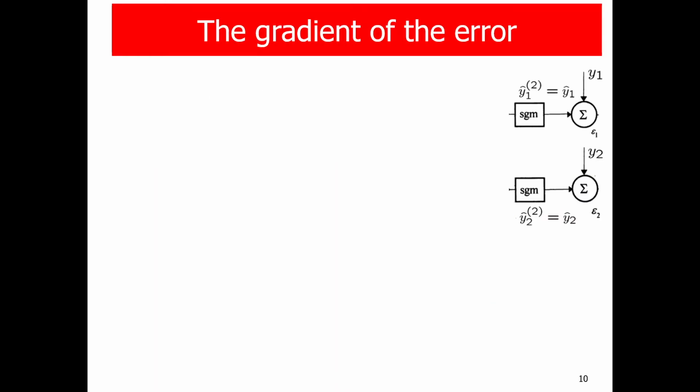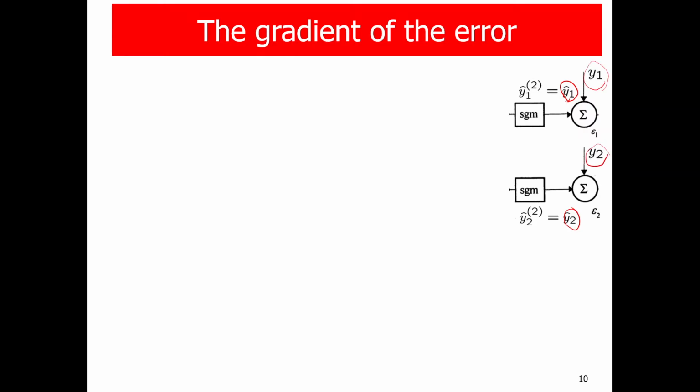In this specific example, we have two neurons on the output layer, and the outputs of this neural network are denoted by y-hat1 and y-hat2. The true labels are denoted with y1 and y2.